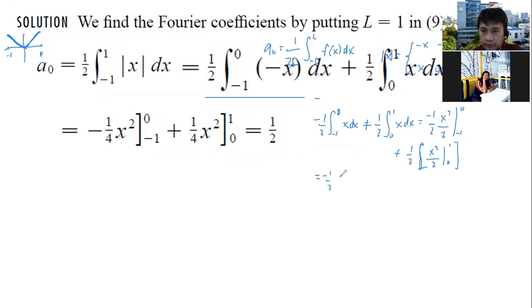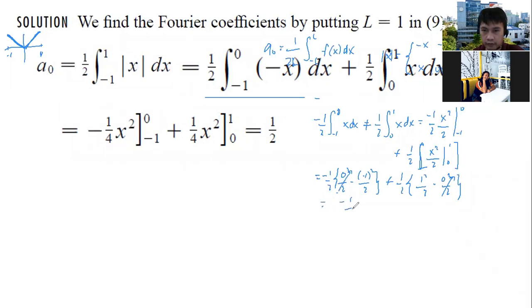Starting with this, negative 1 half. So this is, upper limit is 0, no? So 0 squared over 2 minus negative 1 squared over 2. Okay. Then plus 1 half, 1 squared over 2 minus 0 squared over 2. So of course you can eliminate this. Okay.